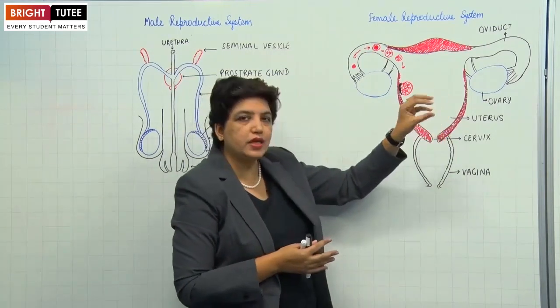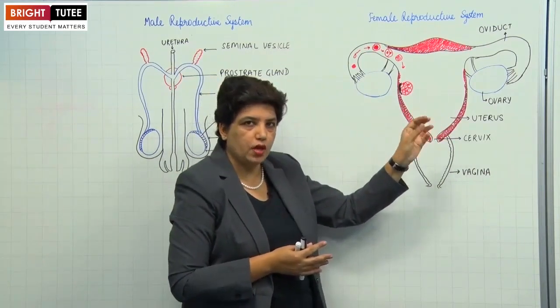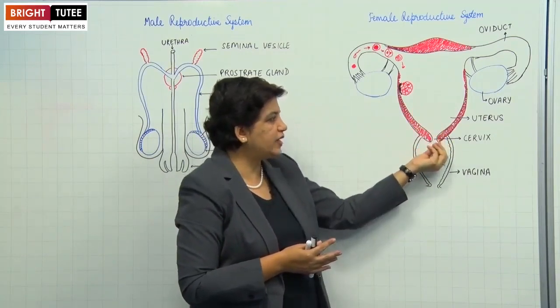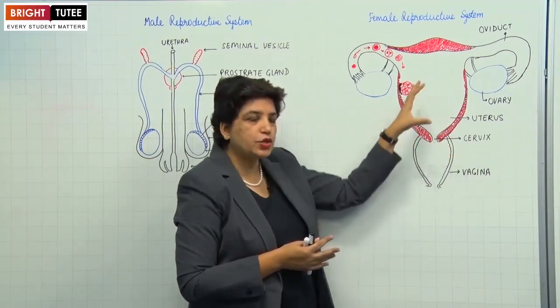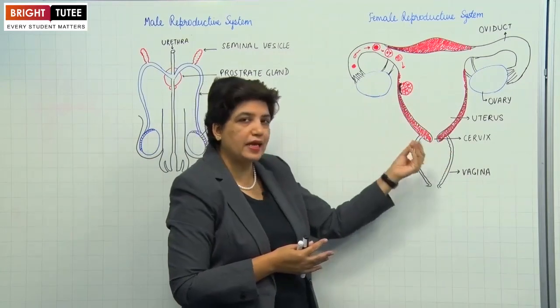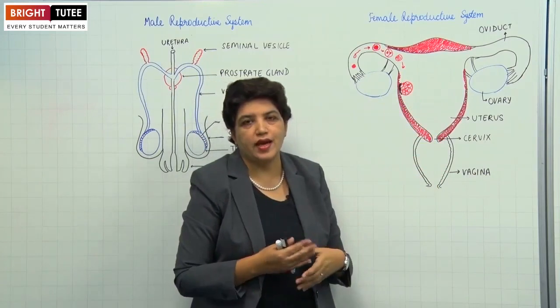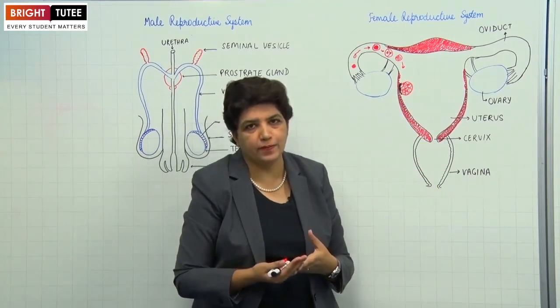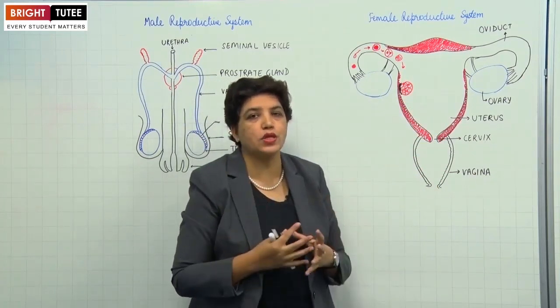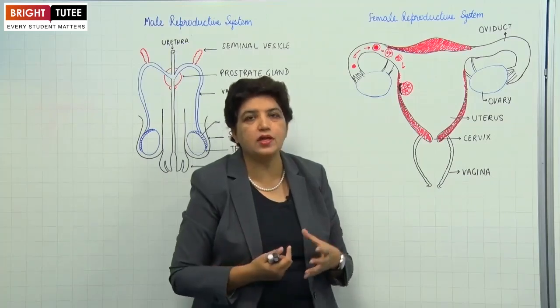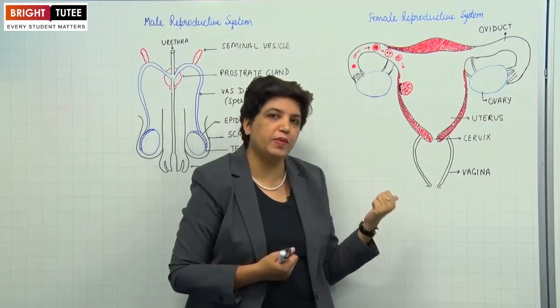There is a rhythmic contraction of the uterus, and the cervix dilates. So, due to this rhythmic contraction and dilation of cervix, the fetus can come out of the vagina, and that is called childbirth. So, this is the whole process of pregnancy and childbirth inside the female body.